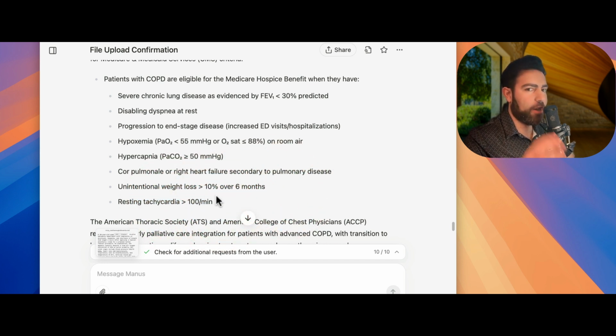One of the things that I always try to ask residents or medical students I'm working with is, which kind of tachycardia would you be more worried about when you see it in a patient?